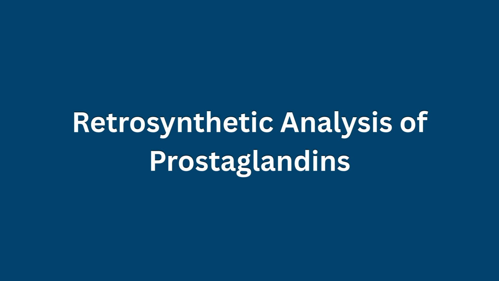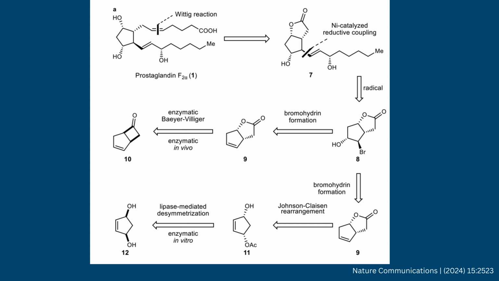Retrosynthetic analysis of prostaglandins. A recent retrosynthetic study of prostaglandins, reported in Nature Communications, outlines a hybrid strategy integrating both polar and radical disconnections. The cis-olefins are introduced via the classical Wittig reaction, while the trans-olefin side chains are constructed through a nickel-catalyzed reductive coupling, representing a radical-based transformation.